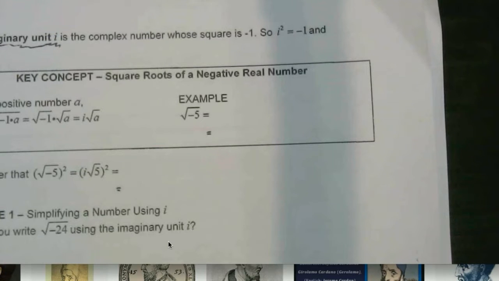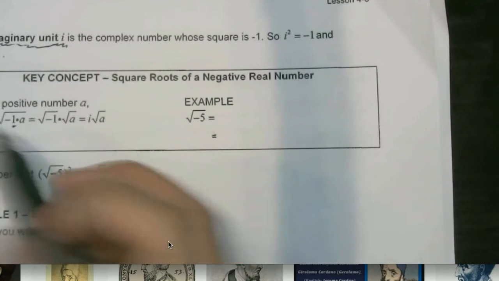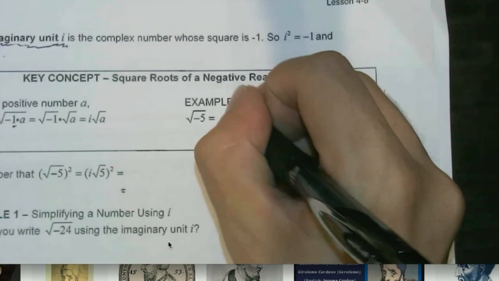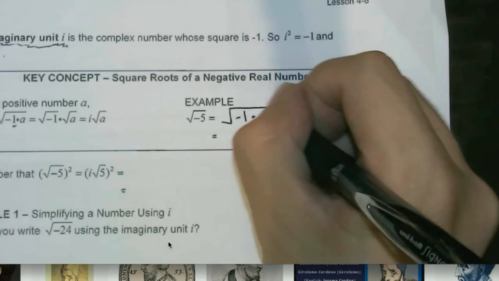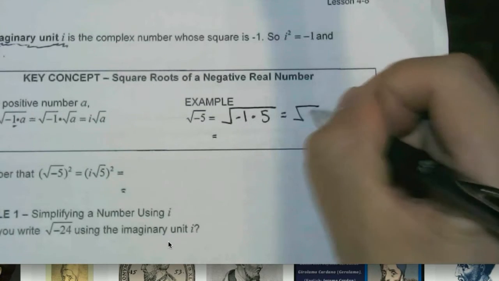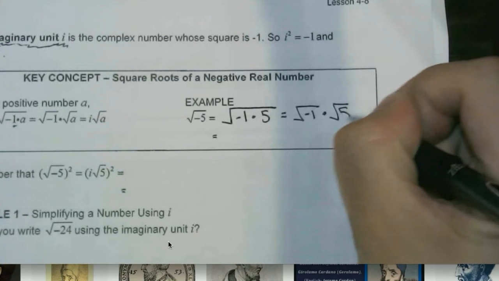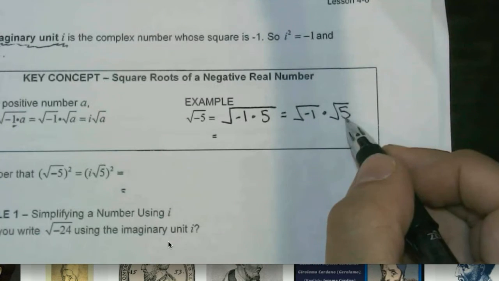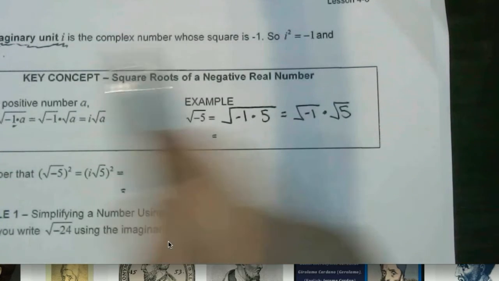So we can help solve problems like this and have some type of answer, even though the calculator forbids it and other sources might say there's no answer, where we factor out -1. If we have the square root of -5, this is really a product of -1 and 5. We can separate the radicals because we've taken Algebra 1 and we know that this is fair game. So the square root of -1 multiplying with the square root of 5, where the square root of -1, we know that is i.